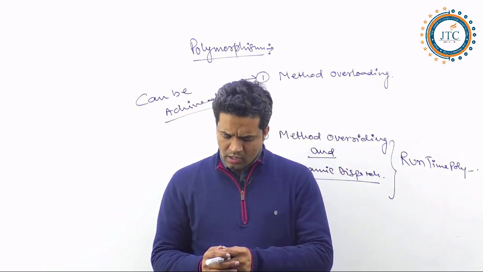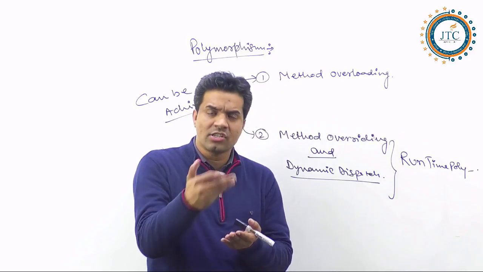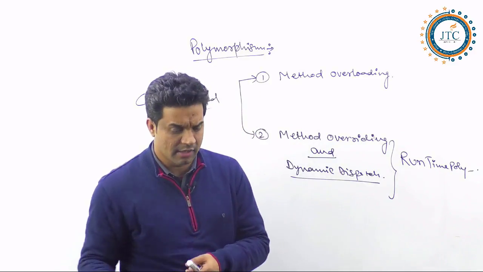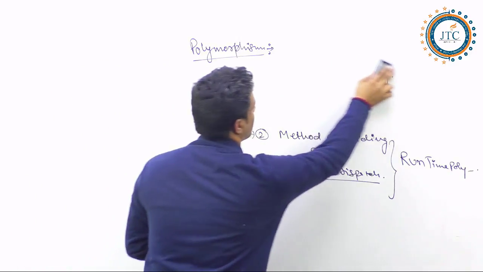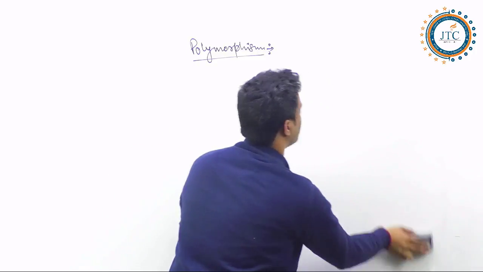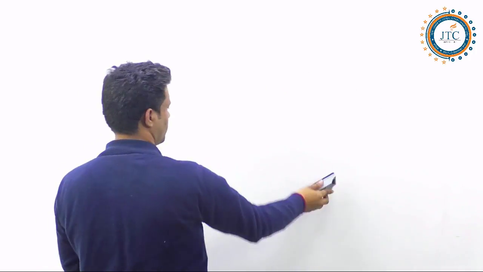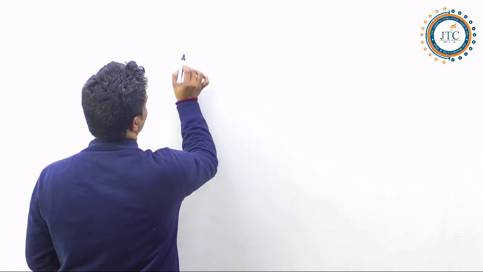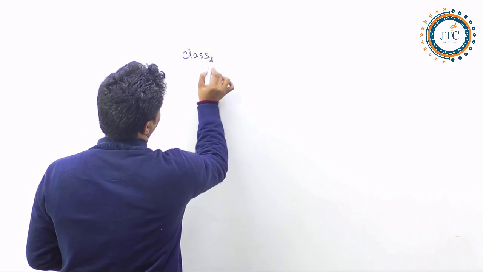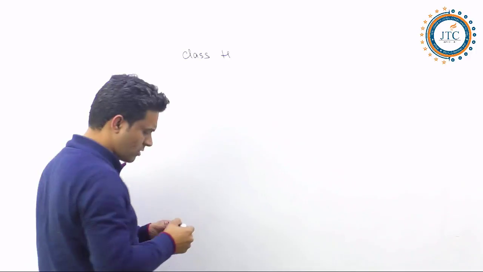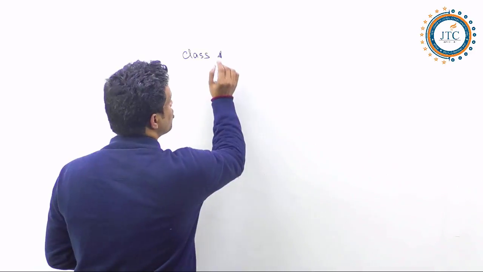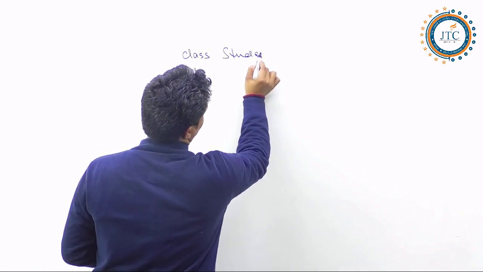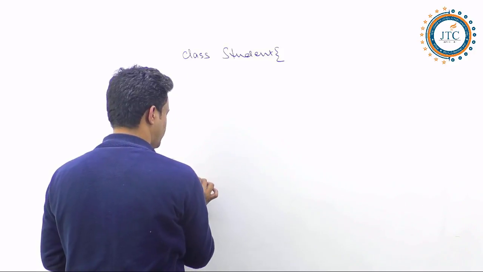So what exactly is object orientation? Let me explain it first. See here, if I am writing any class, suppose you are writing some class called Student.